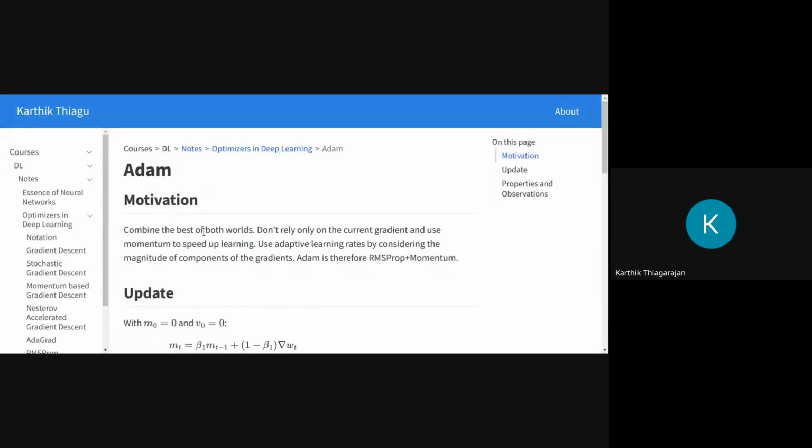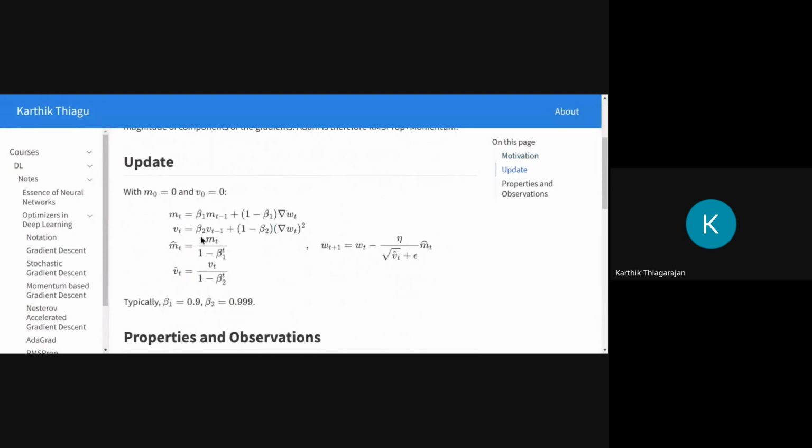I've stopped sharing. So with Adam, the issue is the same thing that we have been discussing so far, but how do you obtain, or when do you obtain, 1 minus beta power t? That's the question.